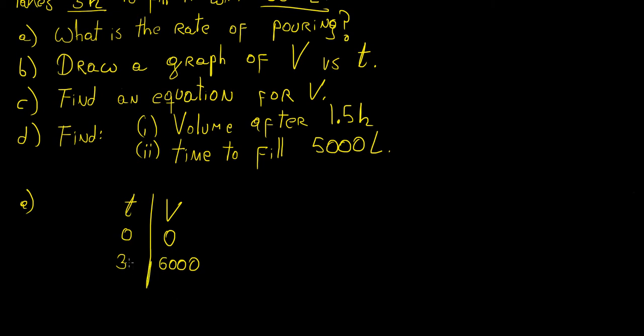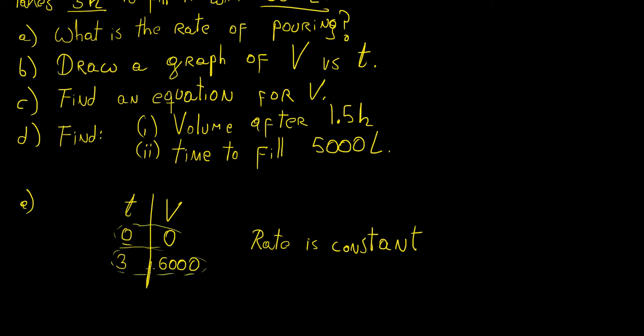So based on those two pieces of information and the fact that the rate of filling is constant, we should be able to calculate that simply by taking, as we have done before, the gradient between those 2 points. Imagine that each of these pairs is a point on the Cartesian plane.